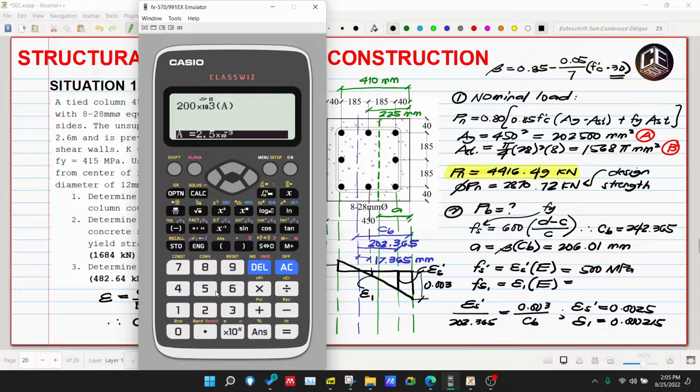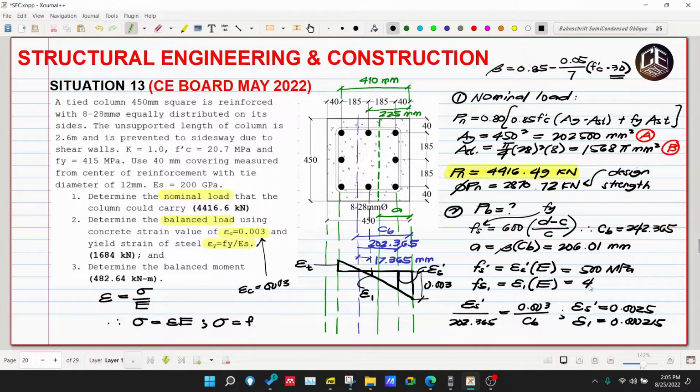Then 0.000215, 43 megapascal. So this is greater than sa Fy. Therefore, ang gagamitin natin mamaya para sa strength, ito is Fy. Okay? Ito naman, less than sa Fy. Kaya ang gagamitin natin para dito ay 43 megapascal. Okay? Para ma-solve yung ating balance load.